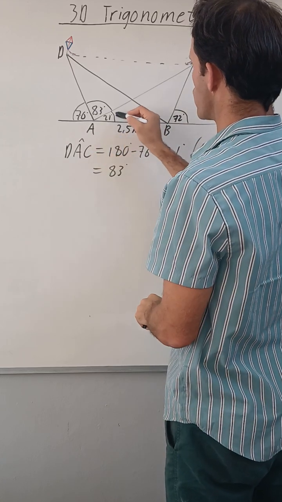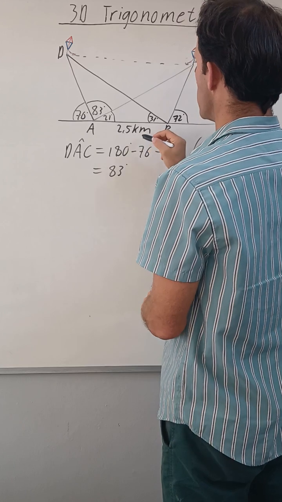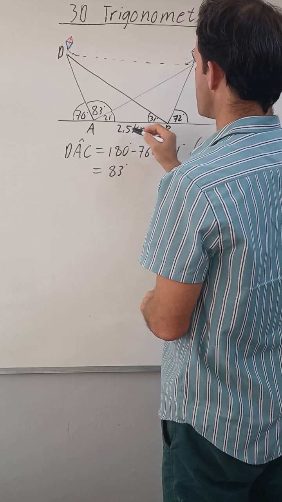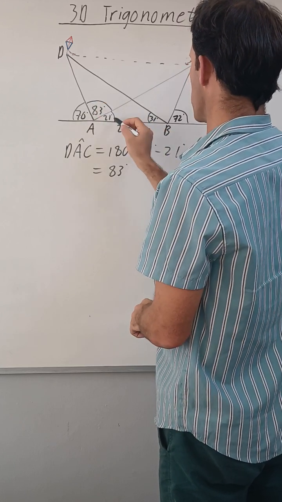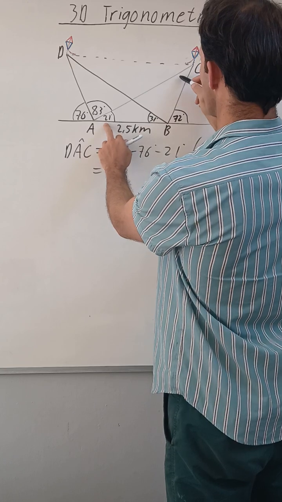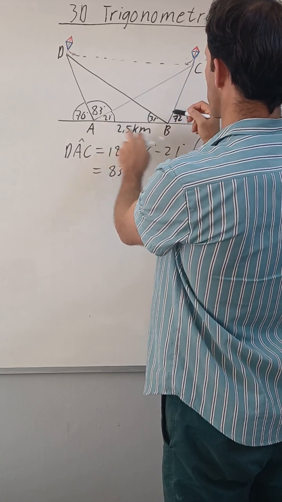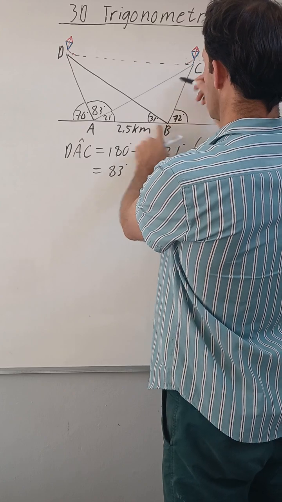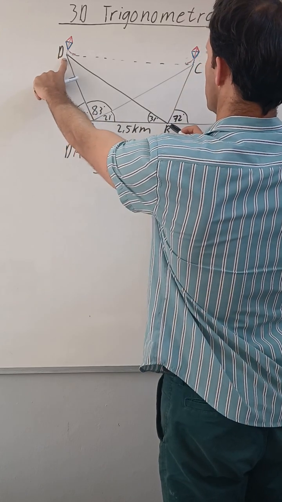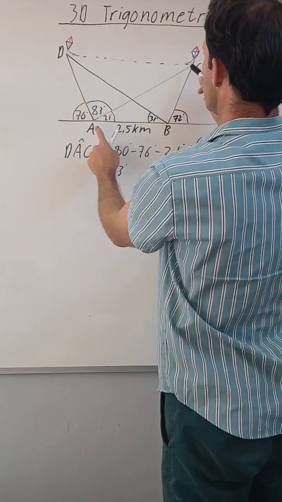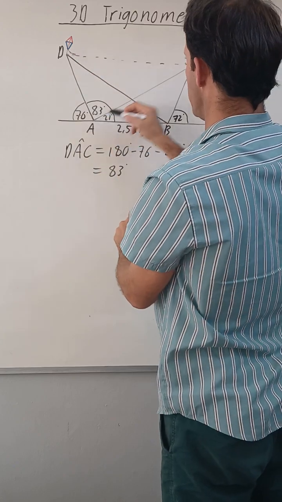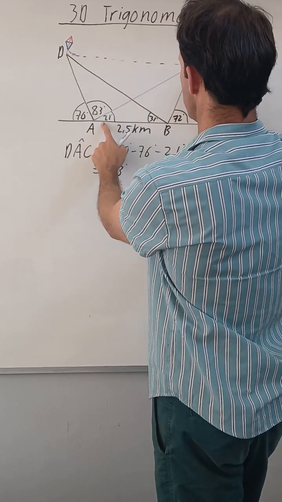I've got this angle 21, okay, and I've got this whole angle here, but we're going to focus on this part. Now we want to get BD or AC. We said we're going to look at DAC, so we're going to try to get AC.